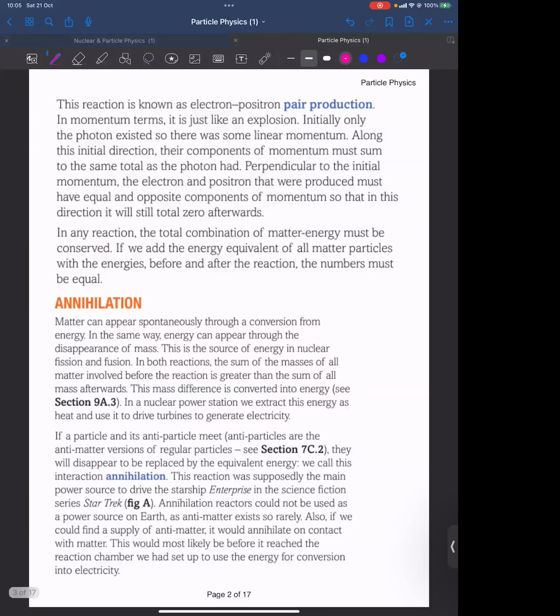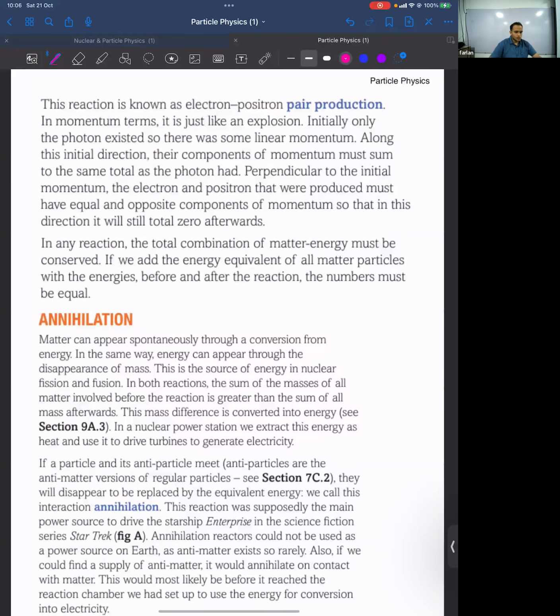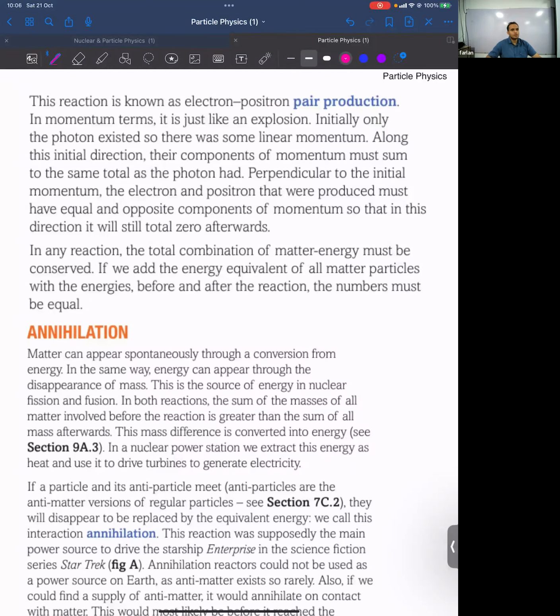Page 2. This reaction is known as electron-positron pair production. In momentum terms, it is just like an explosion. Initially, only the photon existed, so there was some linear momentum.